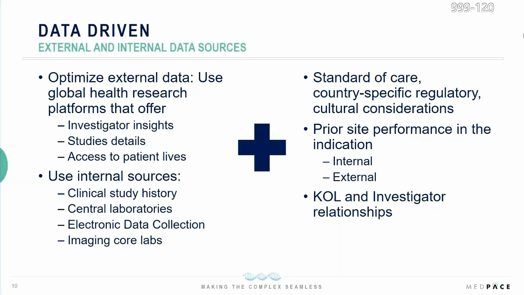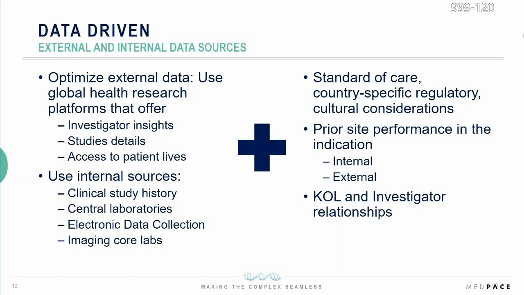Metadata, Trinetics, Sightline, Data Monitor are all examples. Clinical study history. Our clinical trial management system, ClinTrack, provides years of investigator startup, enrollment, and quality performance metrics to enable identification of high-quality, reliable sites.